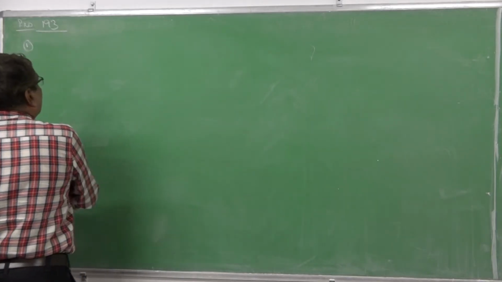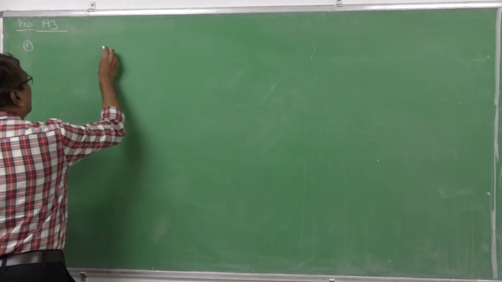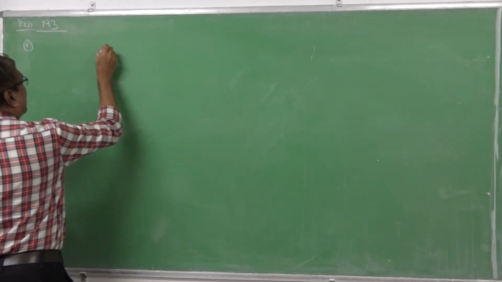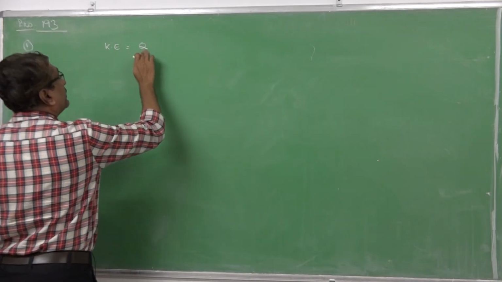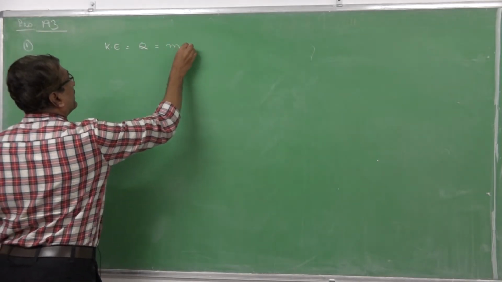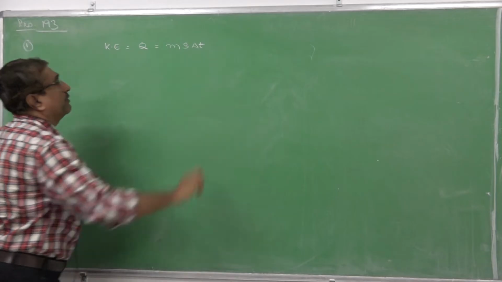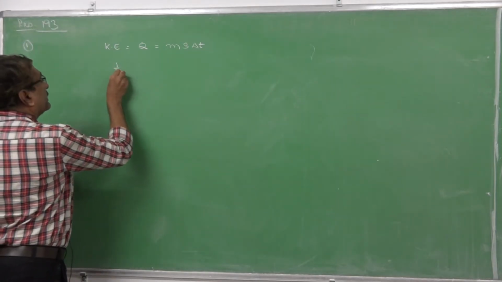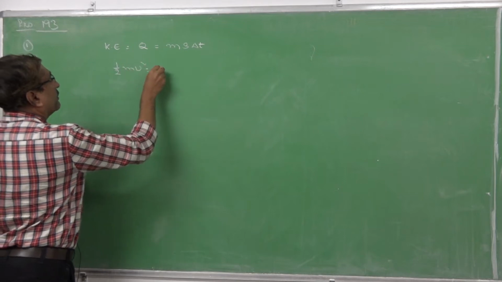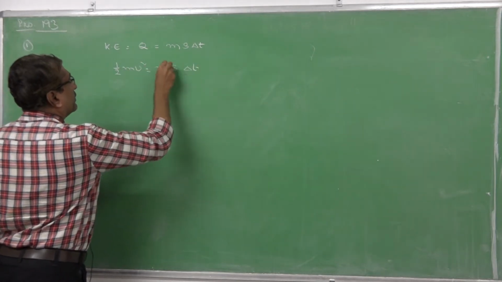Now, as the body is sliding down, it possesses kinetic energy. That kinetic energy is converted into thermal energy, and due to this thermal energy its temperature increases. That is m s delta T. So that is the condition. Kinetic energy, half mv square, equals m s delta T. So m will get cancelled.